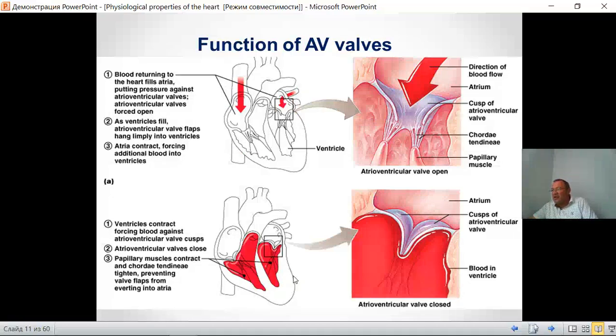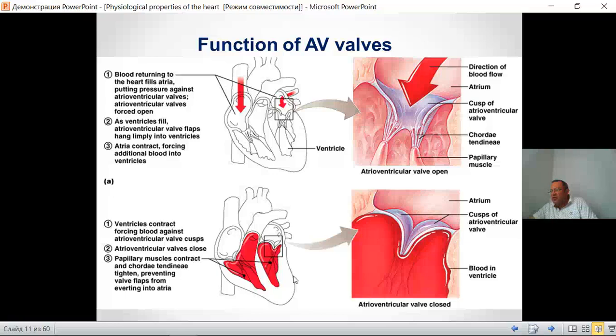A transverse section through the heart slightly above the level of the atrioventricular septum reveals all four heart valves along the same plane. The valves ensure unidirectional blood flow through the heart.